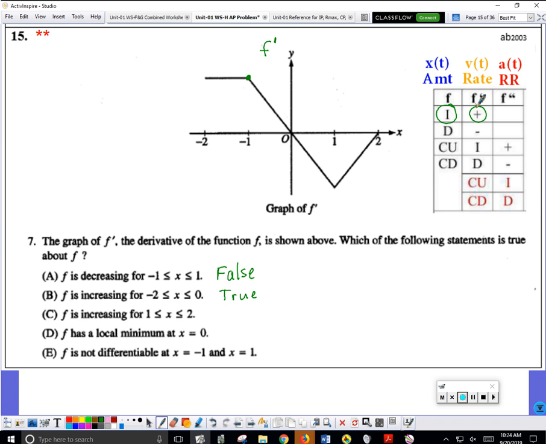So they say the interval is from -2 to 0. And sure enough, on that interval, every y-coordinate of f prime is positive. Therefore, every corresponding y-coordinate of f will be going up.